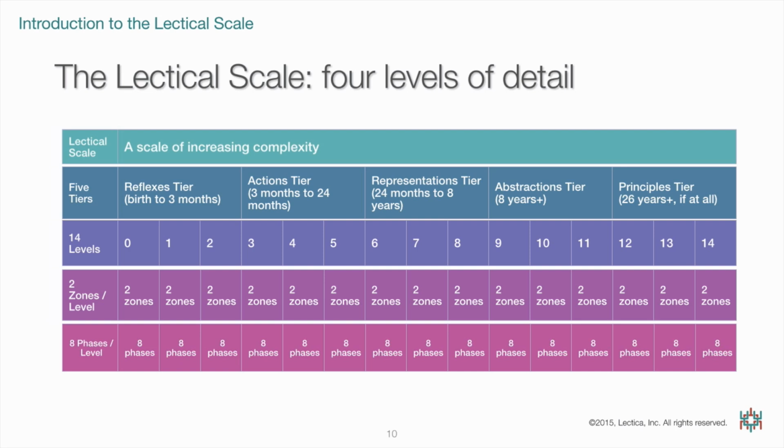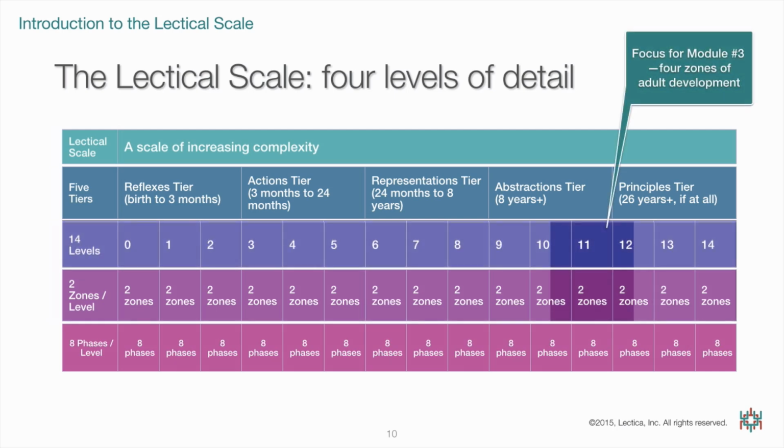After I talk you through the 14 lectical levels in just a moment, I'm going to zoom into the 4 zones of adult development, which include the advanced zone of level 10, or advanced linear thinking, the early zone of level 11, or early systems thinking, the advanced zone of level 11, or advanced systems thinking, and the early zone of level 12, or early principles thinking.